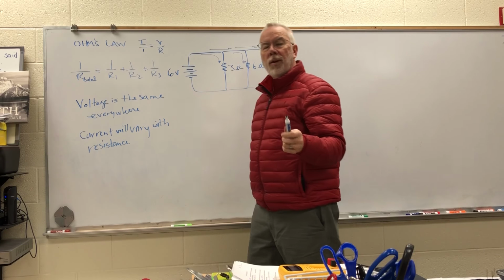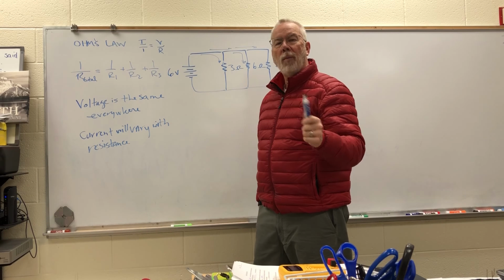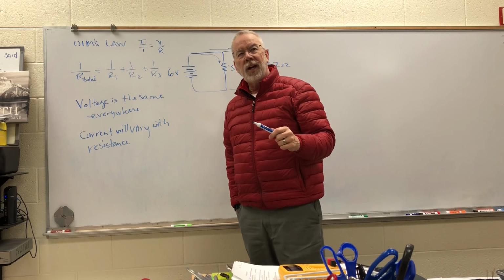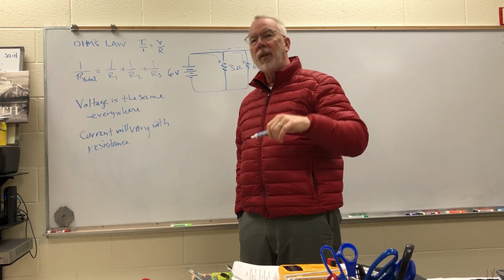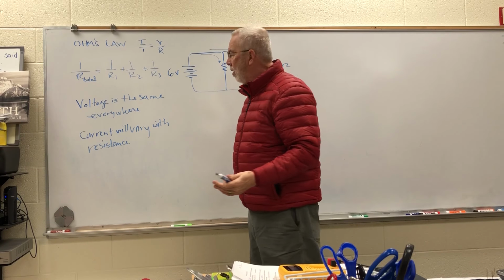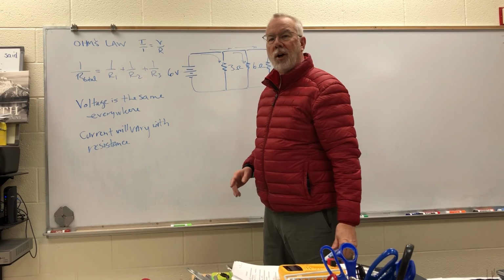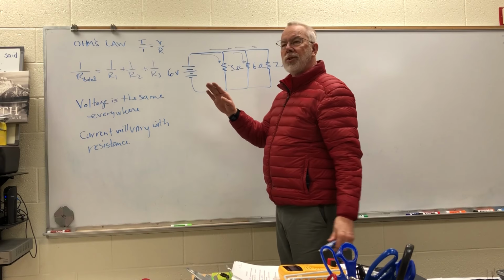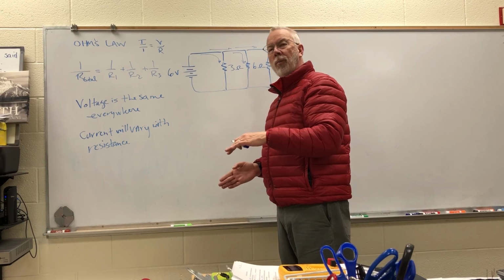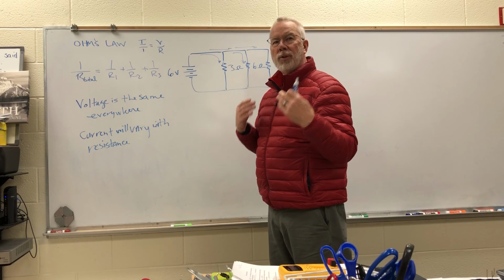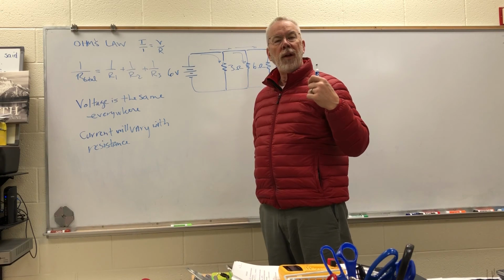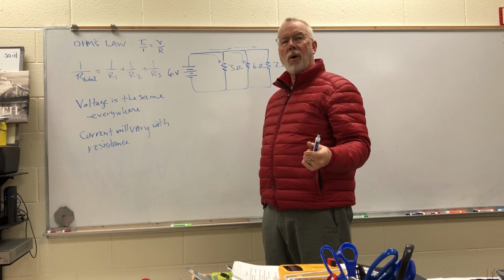Now, one of the things that you probably have heard before is the idea that some things will take the path of least resistance. Well, it's true in electricity also, where the resistance is small, the current will be large. And inversely, where the resistance is large, then the current will be small.